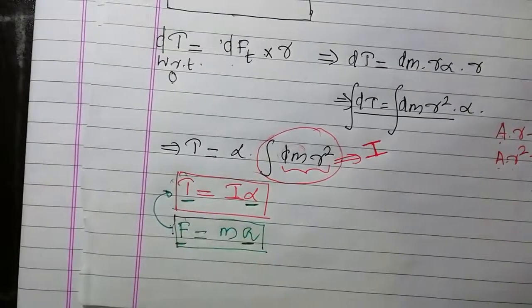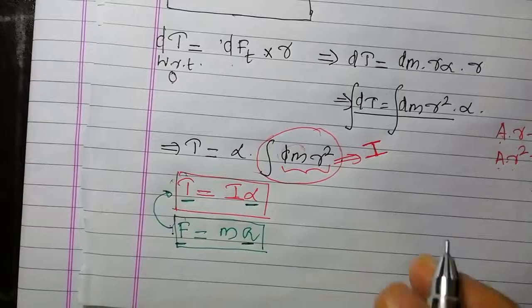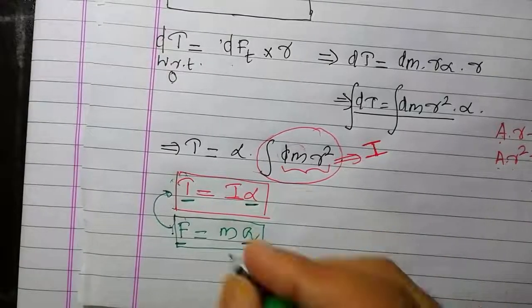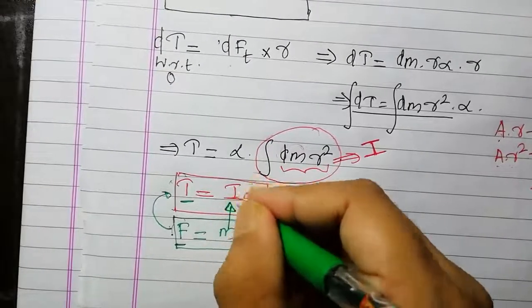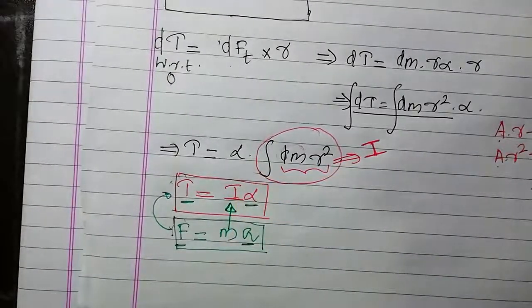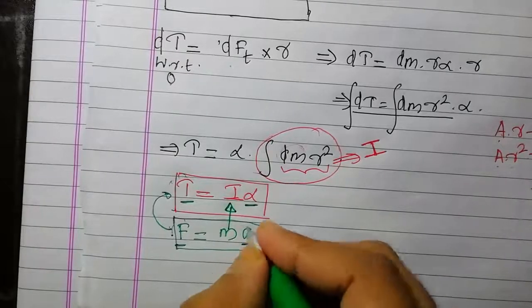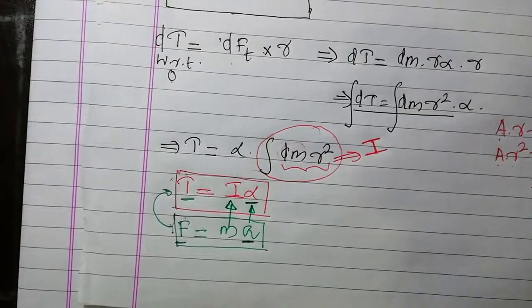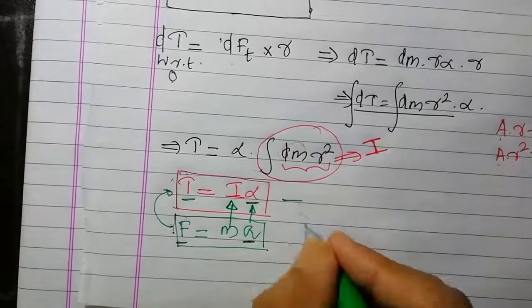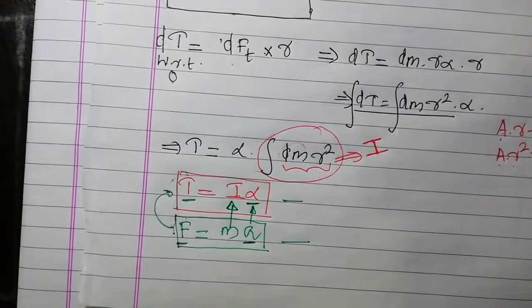By comparing these two equations, instead of mass m, in rotational motion the quantity is known as moment of inertia, and instead of linear acceleration, the term is angular acceleration. So we can compare these two equations.